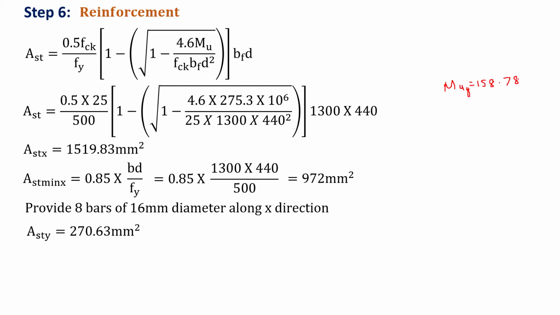So 1 minus answer, root of answer, 1 minus answer again, into 0.5 into 25 upon 500 into 3500 into 440. So it comes 839.13. So I will correct it: 839.13 millimeters square.